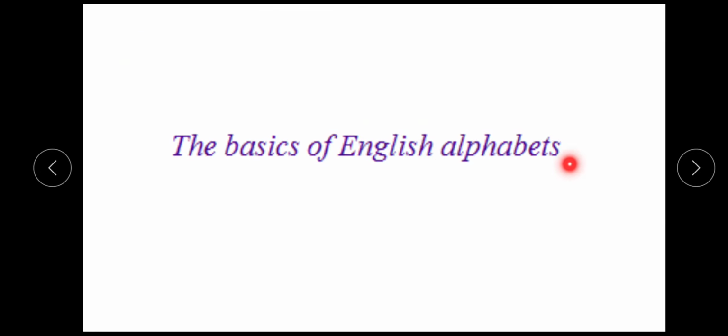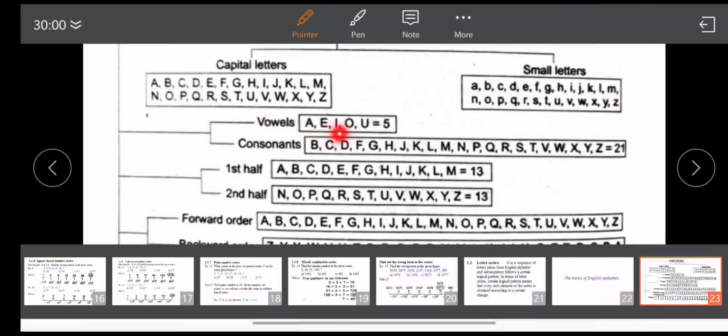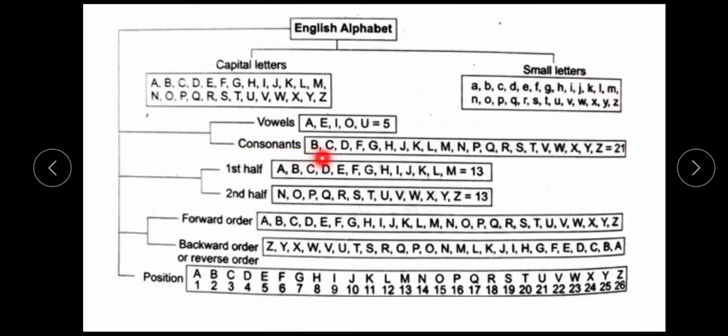The basics of English alphabets. We all know about English alphabets, but there are some important things about them. These are the English alphabets. The capital letters are like this, and the small letters are like this. There are 26 alphabets; the vowels are 5 and the consonants are 21.